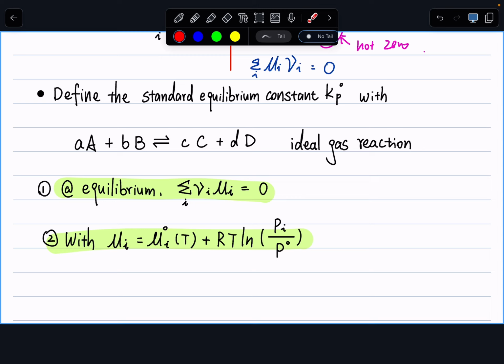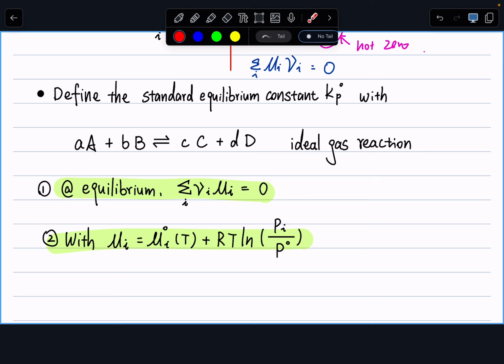If we focus on the left one first, what are these terms? If we focus on this little symbol, μ naught C, what is μ naught C? The physical meaning of that is the standard chemical potential of a pure substance, C, D, A, or B. So these are the standard chemical potentials of a pure substance.